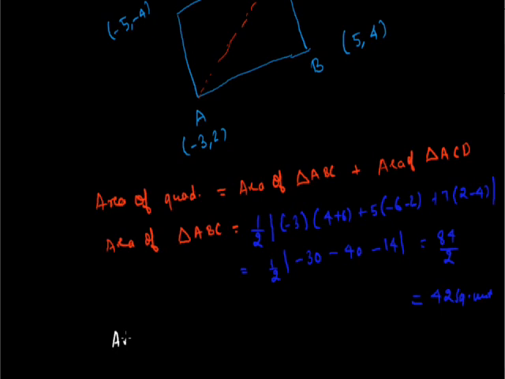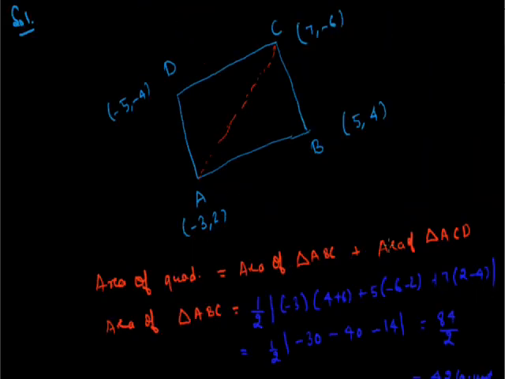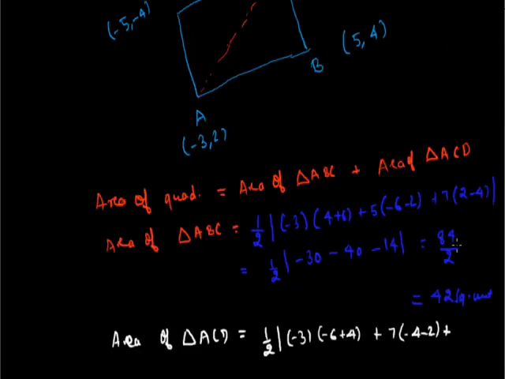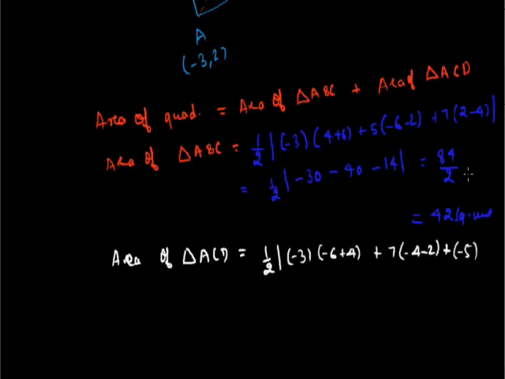Now area of triangle ACD is equal to half of minus 3 times (minus 6 plus 4) plus 7 times (minus 4 minus 2) plus minus 5 multiplied by (2 plus 6).